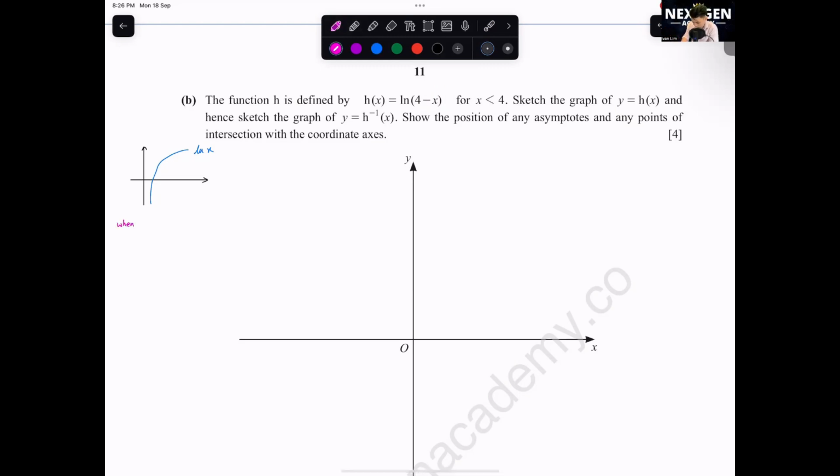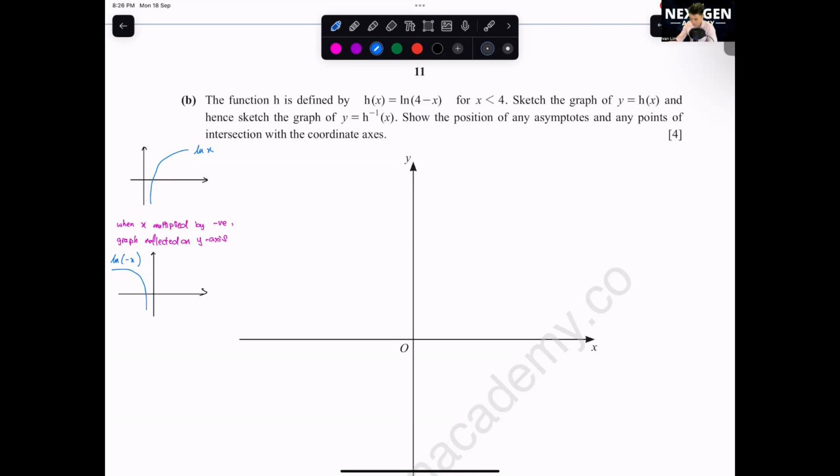When x is multiplied by negative, the graph is reflected on the y-axis, because all your x value will be multiplied by negative. Got it? So we need to know the general graph, how it looks like first. Like this. So here will now look like this, the other way around. This is ln negative x.